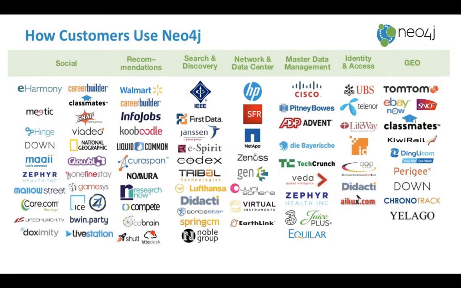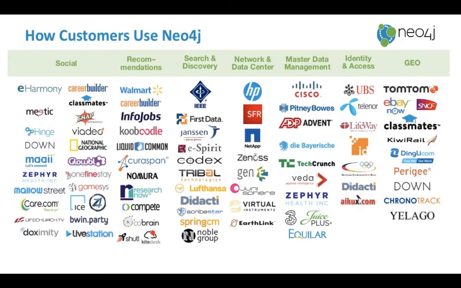So First Data, Lufthansa, these are the companies who are using Neo4j for search and discovery purposes. Networking and data center: HP, NetApp, these companies are using it for network and data center kind of requirements. For master data management, Cisco, ADP, TechCrunch, these are the companies who are using Neo4j for their master data management.